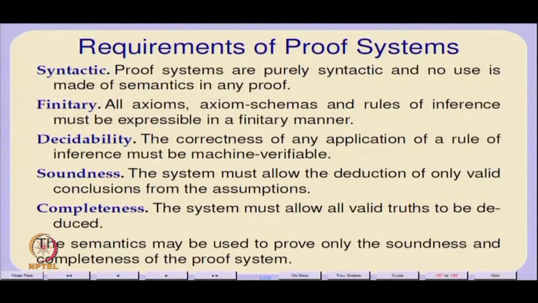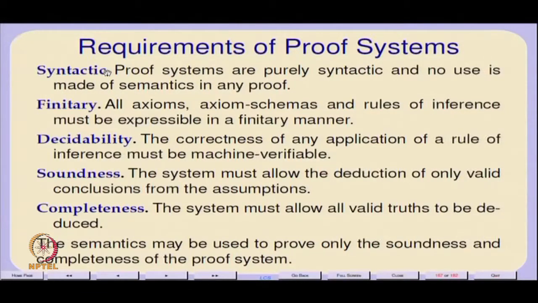So, the proofs should be checkable, definitely manually, but even by machine, that is a stronger constraint. Many logic books do not emphasize that, but since we are doing logic for computer science, I think it is correct to emphasize that.